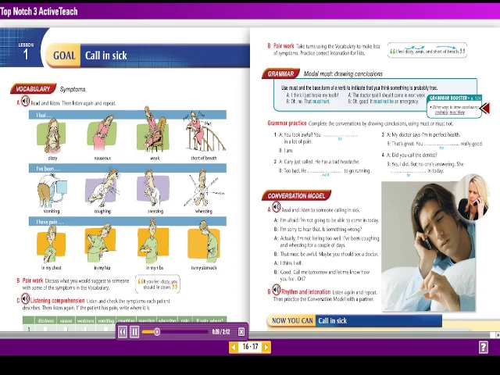I've been coughing. I've been sneezing. I've been wheezing. I have pain in my chest. I have pain in my hip. I have pain in my ribs. I have pain in my stomach.